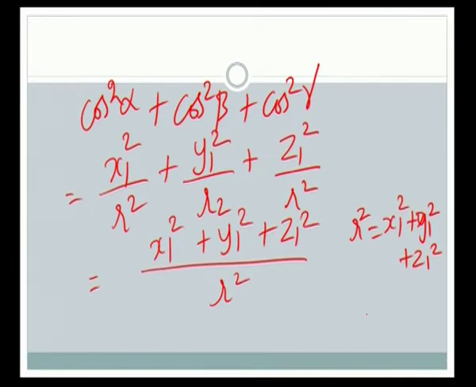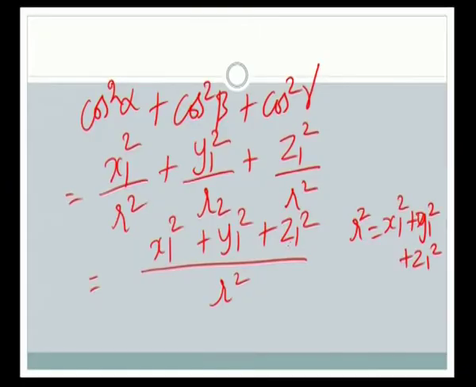This is how the position vector or length of a line can be obtained. So instead of x1 square plus y1 square plus z1 square, you can substitute r square. This expression becomes r square by r square, which is equal to 1. Like this, the relation between direction cosines can be proved.